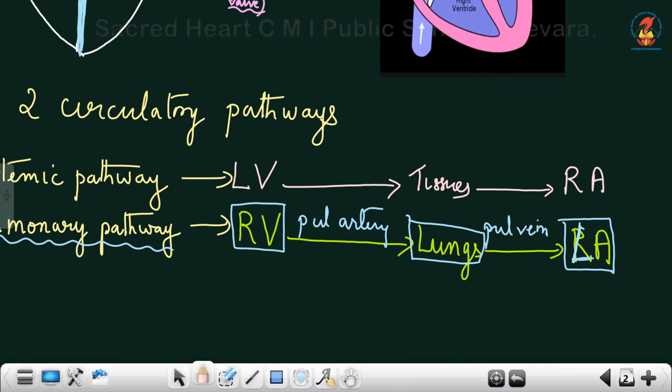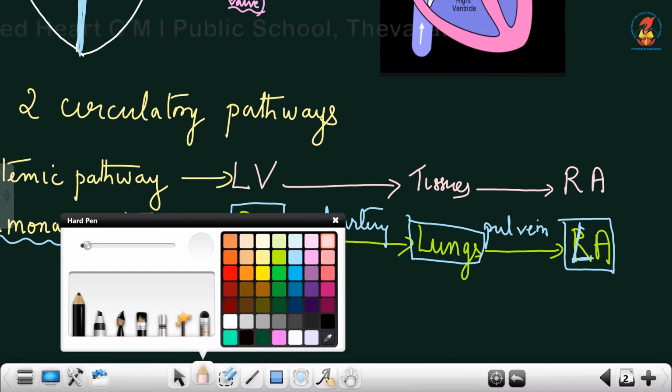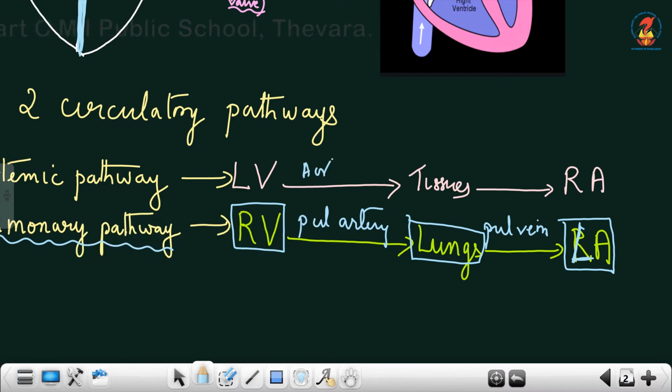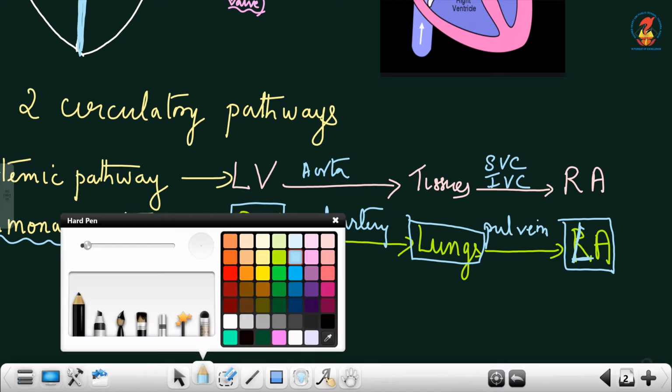So how does the blood from the left ventricle go to the tissues? Via the aorta. And from the tissues, the deoxygenated blood goes to the right atrium via the two vena cava, superior vena cava and inferior vena cava. So once again I am reiterating.